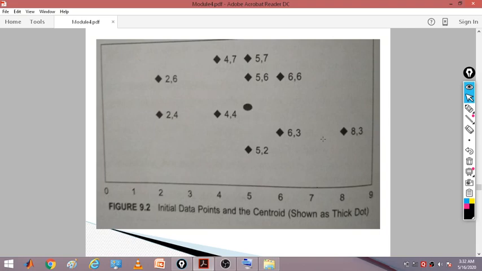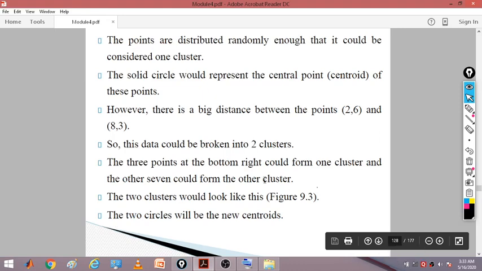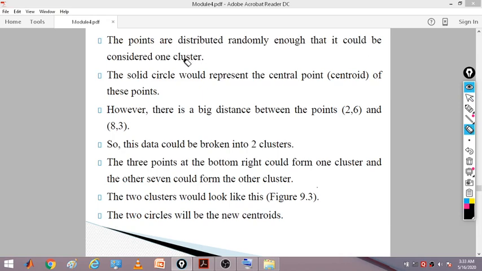You can consider this as one large group. Initially this is the state, and now we want to change that so that we further categorize them into different groups. Since the points are distributed randomly enough, you can take that to be one cluster.